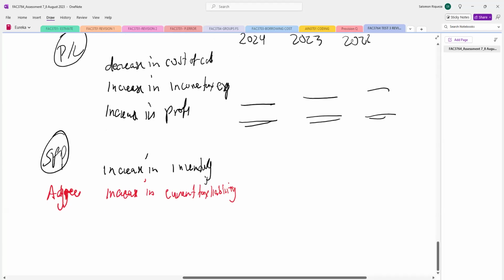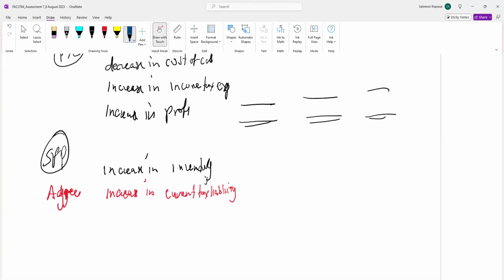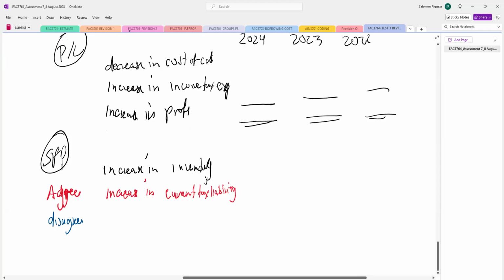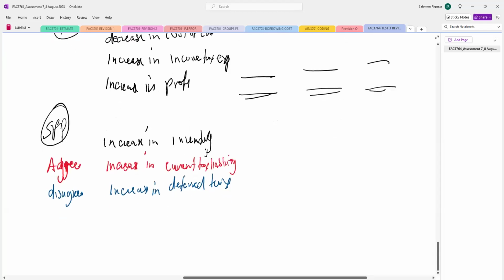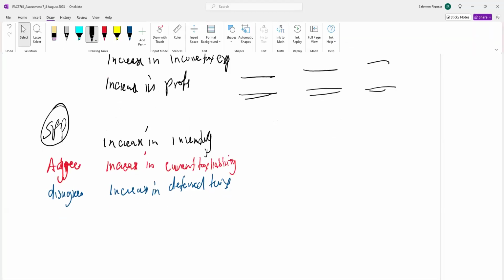If SARS disagree to the change, there's going to be an increase, not in current tax now, but in deferred tax. Then everything else continues as normal.